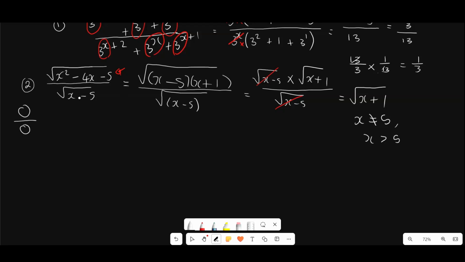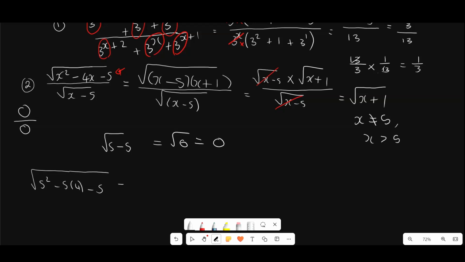Let's say, for instance, what will make the bottom part equal to 0? Well, it will be 5, right? Because we have 5 minus 5, which is equal to square root 0, which is equal to 0. Now if you take that same 5 and plug it in on the numerator, you will get 5 squared minus 5 times 4, and then minus 5.